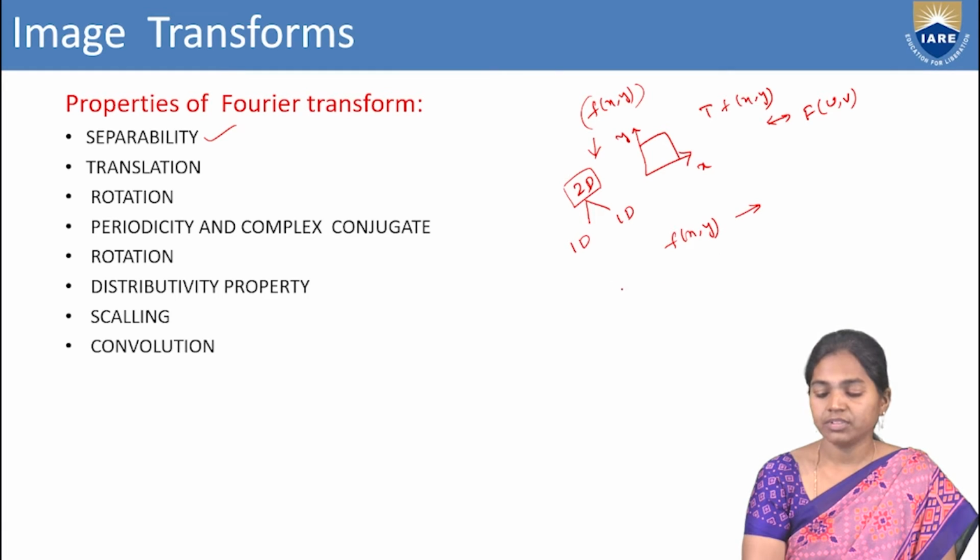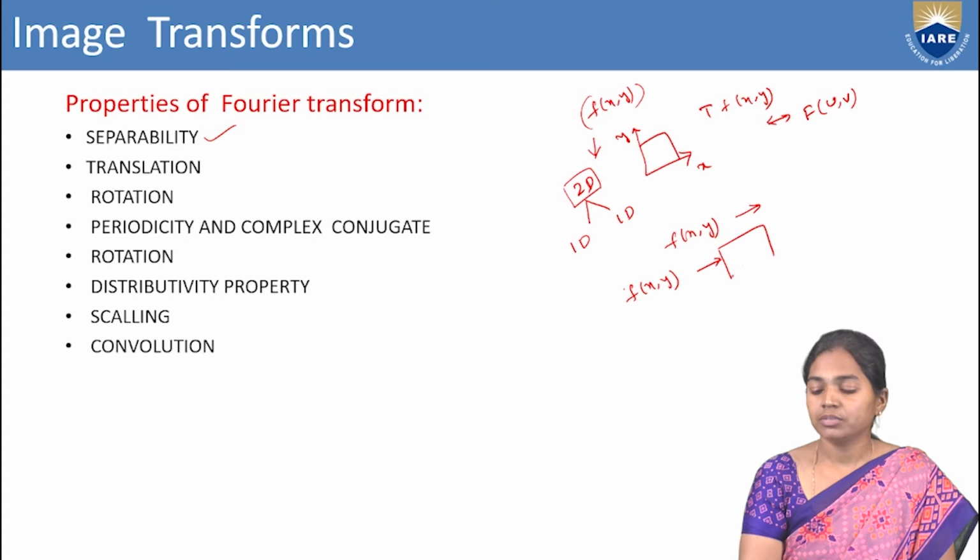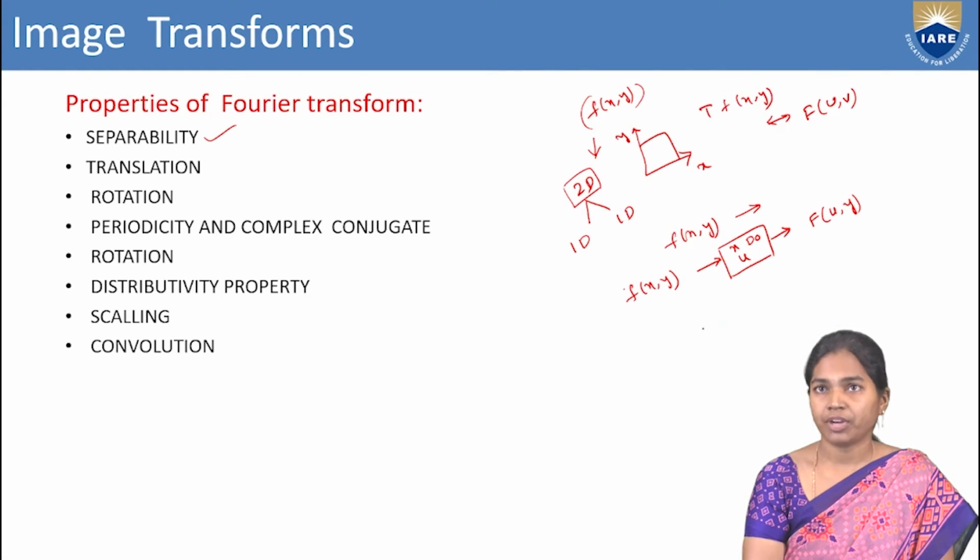For f of x comma y, first apply the separable property on x, afterwards apply the property on y. Here apply the separable property: the x domain is converted into the u domain. The output is F of u comma y.